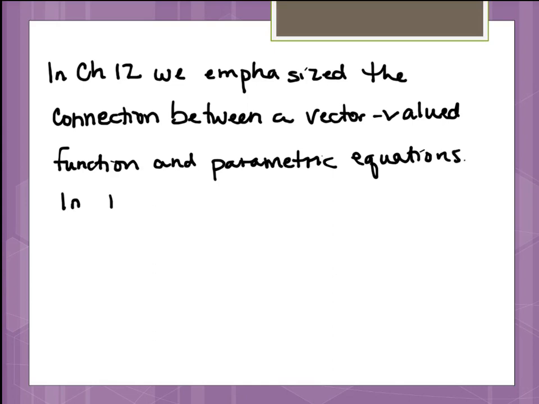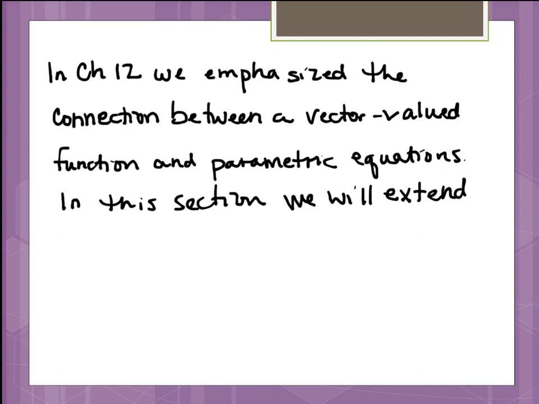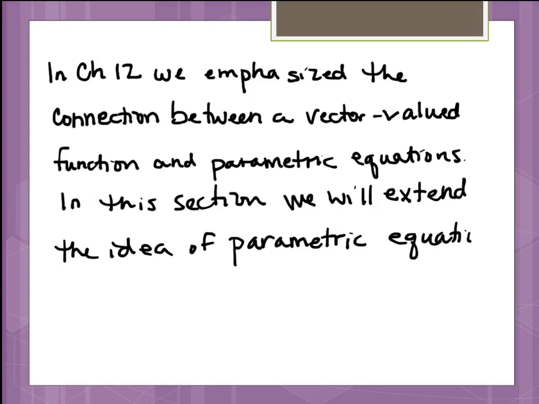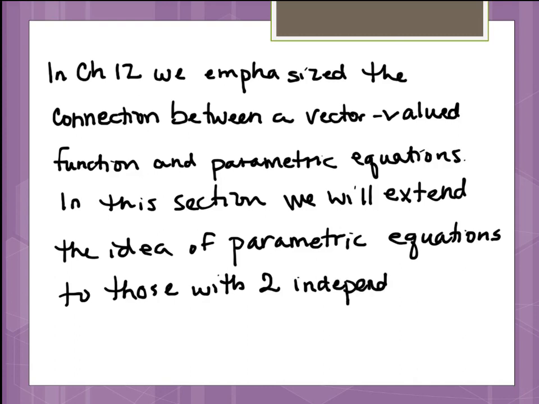In this section, we will extend the idea of parametric equations to those with two independent variables.